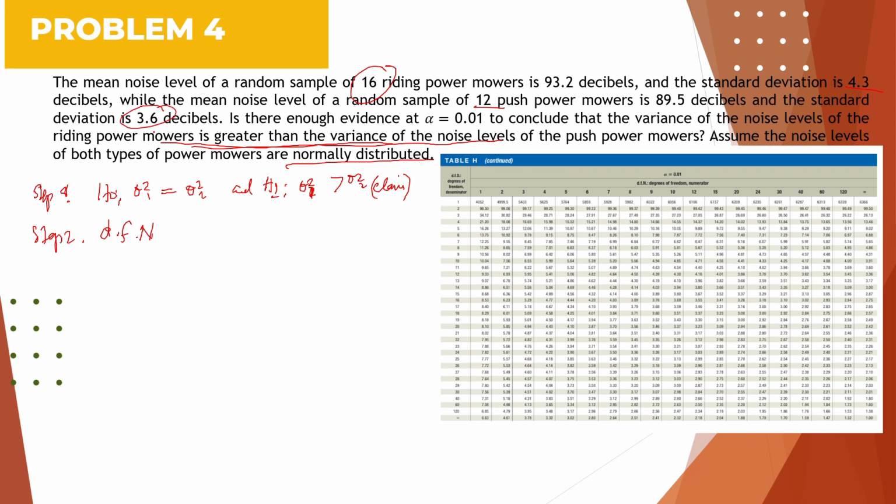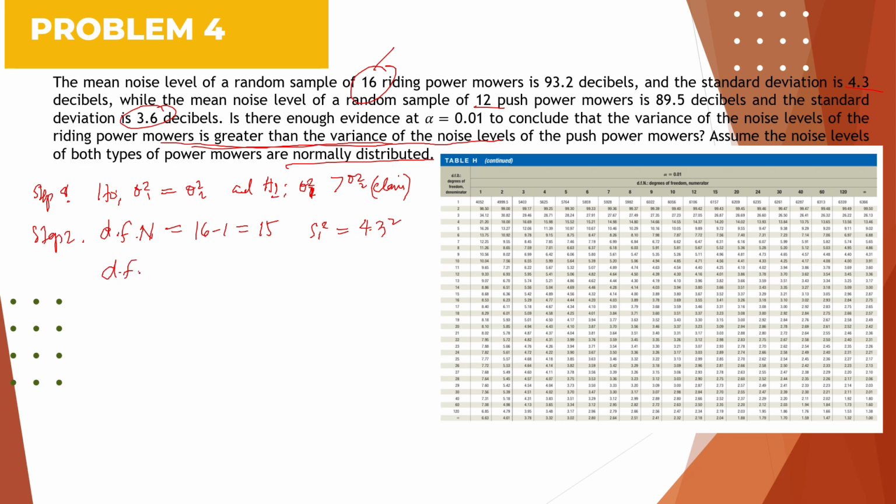You have to square these because the given values are standard deviations. So our DFN is 16 minus 1, that is equal to 15, and our variance 1 is 4.3 squared.